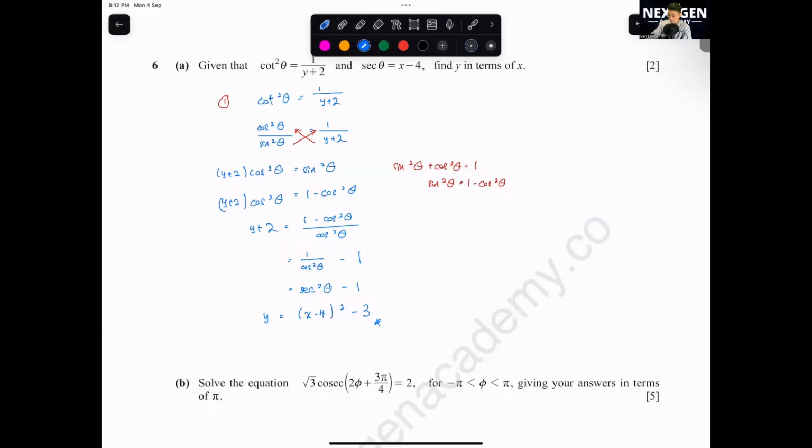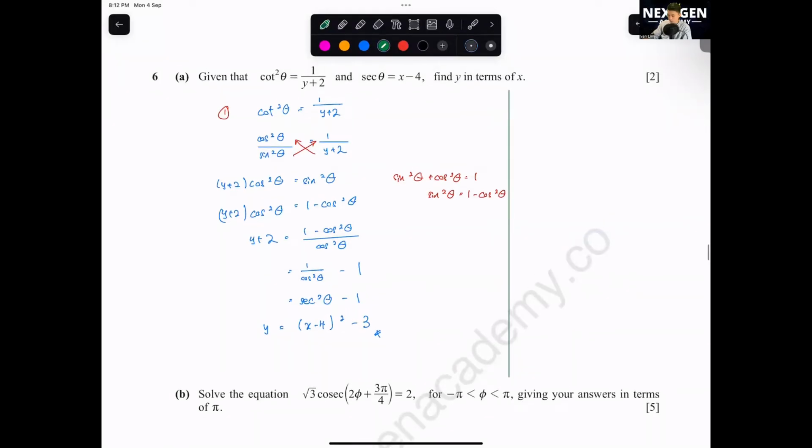And then, okay, let me just write down what you're saying here. Oh, okay. So you relate tangent square and secant square. You're using the identities, is it? Okay, which identity you use? You are using, okay, can also.